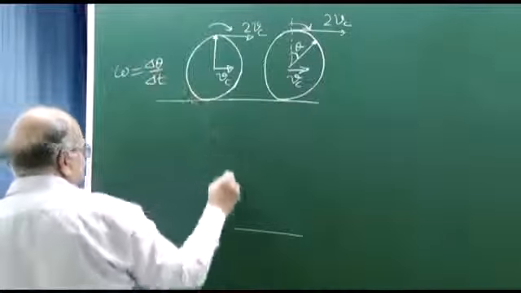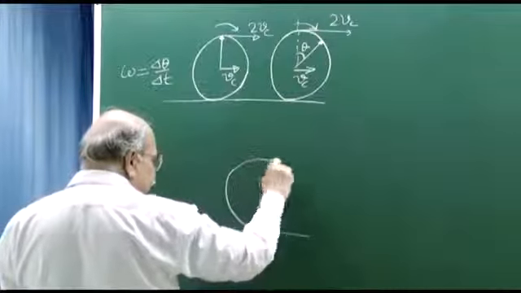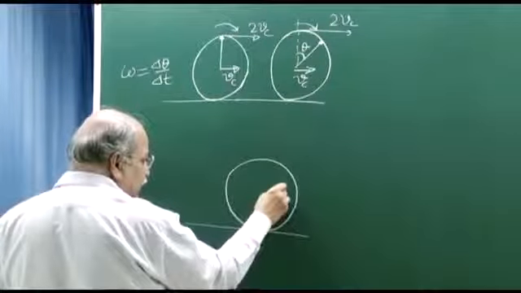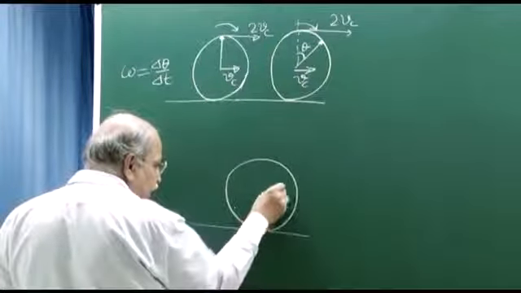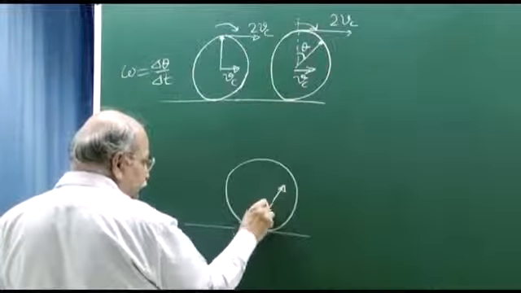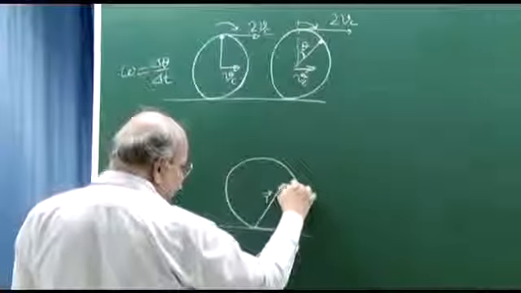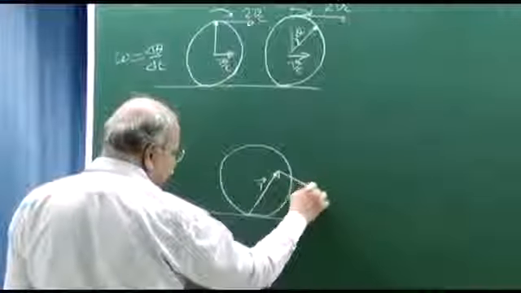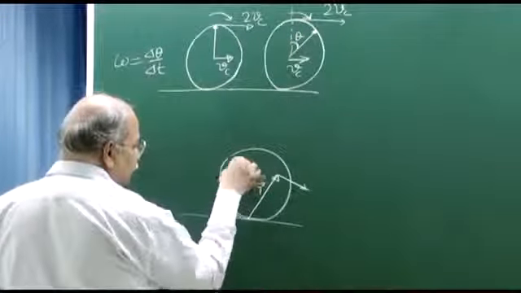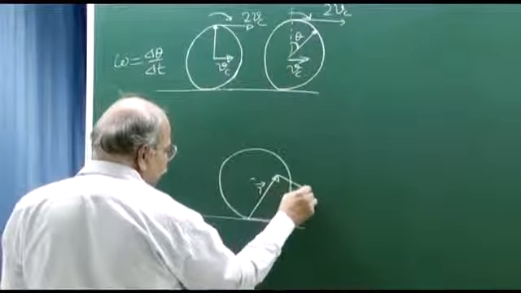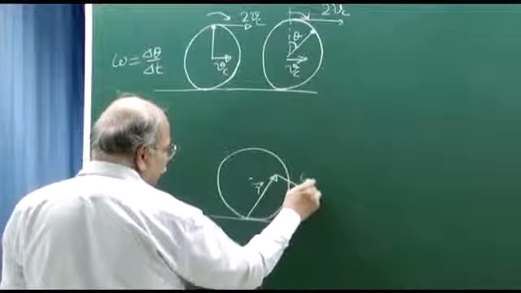You take any point anywhere on this object, and you can call this vector as r vector, and then the velocity of this is omega cross r. And omega, remember, if it is going this way, is inside the board. So this will be perpendicular to this line, and its magnitude will be omega into r.